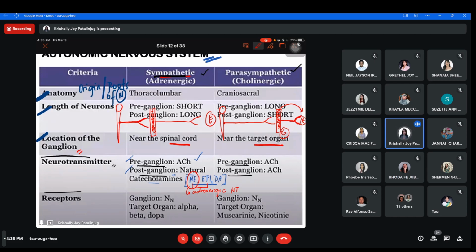Kaya nga in most references sa pharmacology, no, ang sympathetic nervous system tinatawag din na adrenergic nervous system. When you search about sympathetic nervous system, that's also a synonymous to adrenergic nervous system. Okay? Sige. Now, why is it ang tawag is adrenergic? Bakit siya tawag sa kanya is also adrenergic?